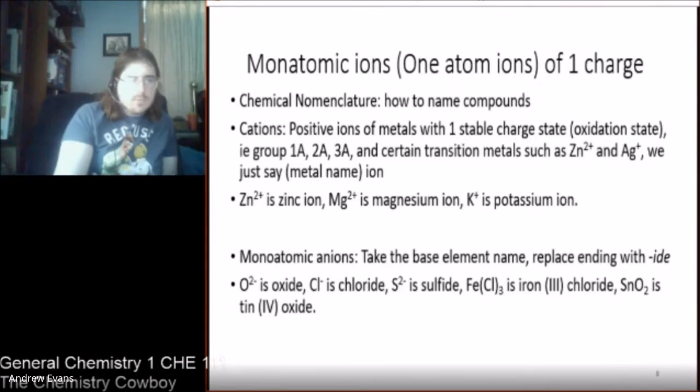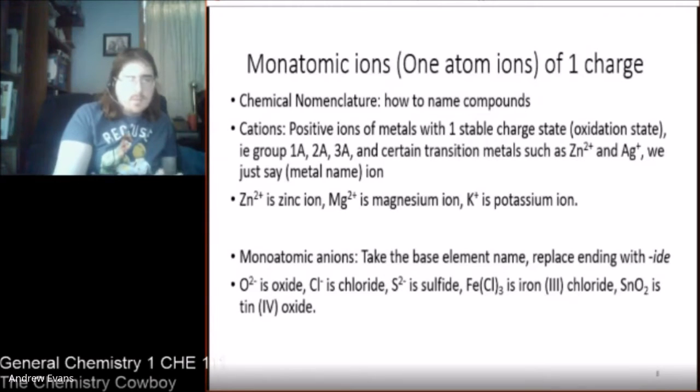Those are the two main ones. Boron and aluminum want to be +3. And zinc wants to be +2. That's a transition metal, but it's special. And silver, it's a transition metal, but it's really special, wants to be +1. So these guys are always this charge when they're in a compound, so we don't have to specify them.